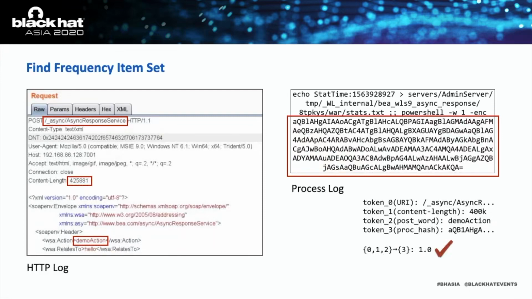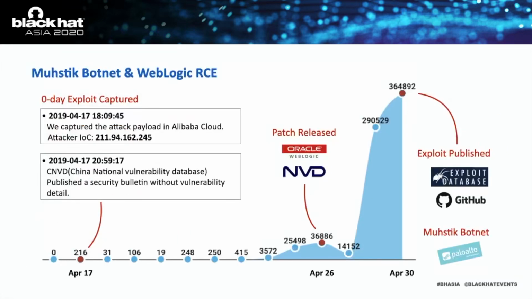On the other hand, these servers raise PowerShell alerts that contain the same encoded string. That is a valid frequent item set. We can use it to identify which group of HTTP requests are malicious. This method helps us capture WebLogic RCE before the botnet.